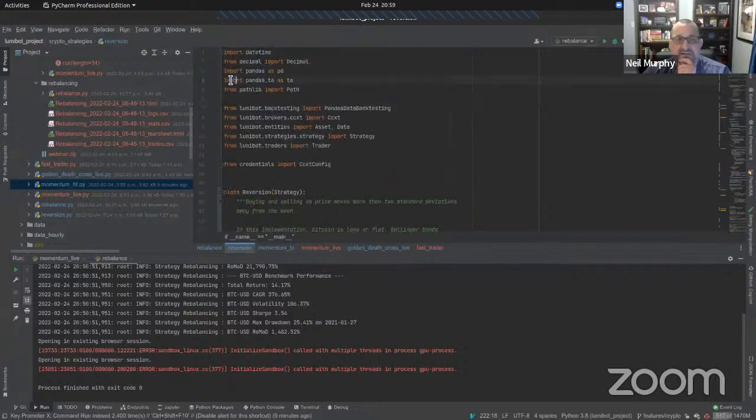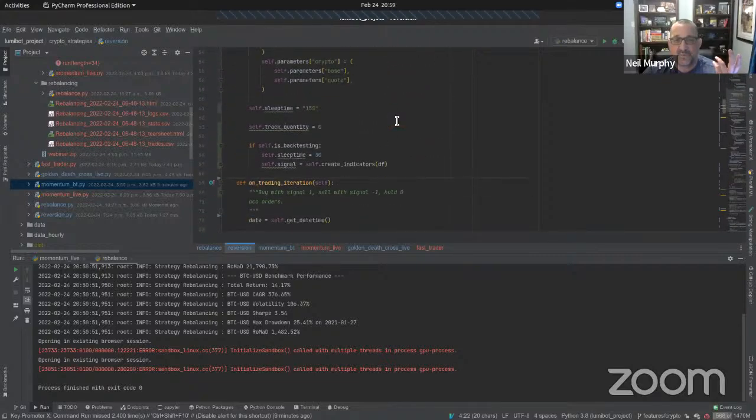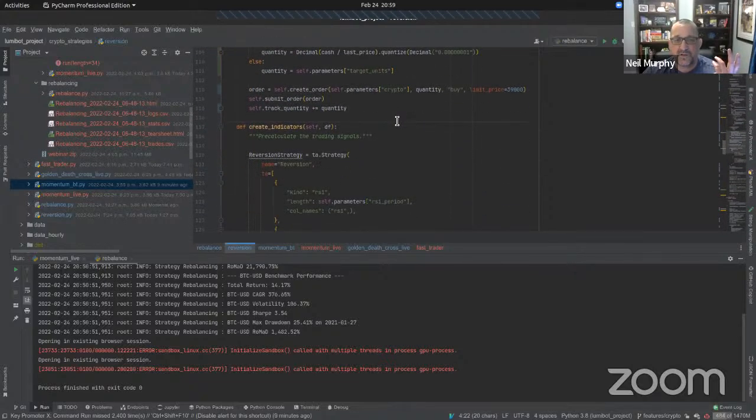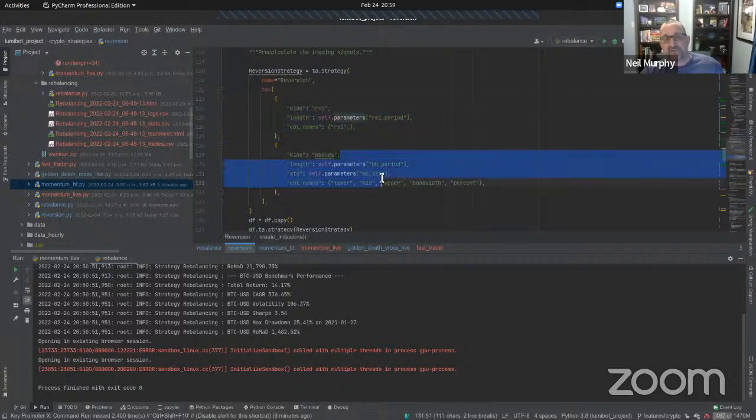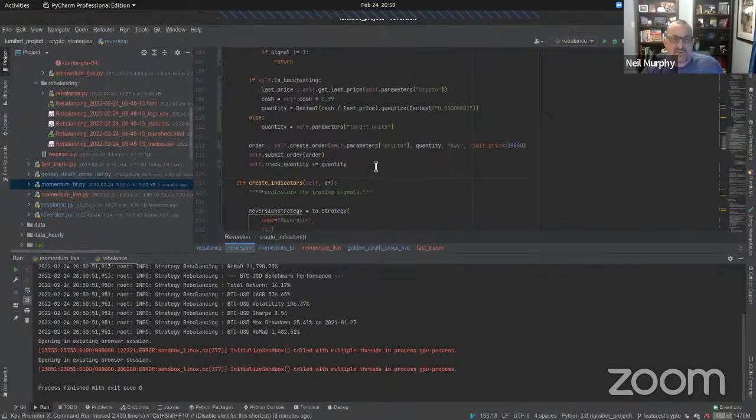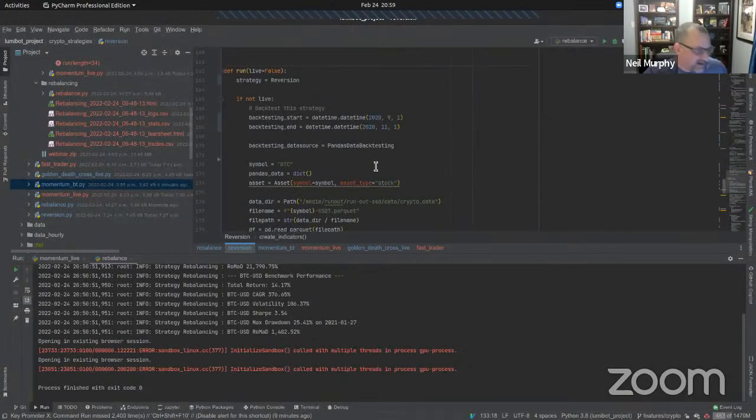And just by bringing in this library here called Pandas TA, we're able to use Pandas and get all the technical analysis indicators that are out there in basically 1 or 2 lines of code, right? Now this is more lines than it needs to be. I'm using the complicated version, but you could literally do each of these in a line of code. And it's really cool because it takes the headache out of trying to figure all that part out. So what I'm going to do now is I'm just going to run this in a backtest quick.